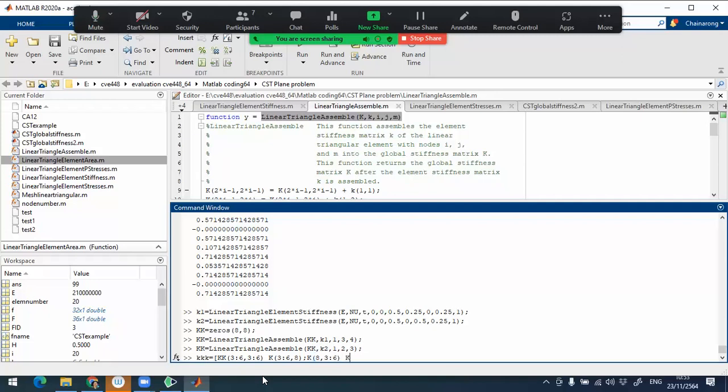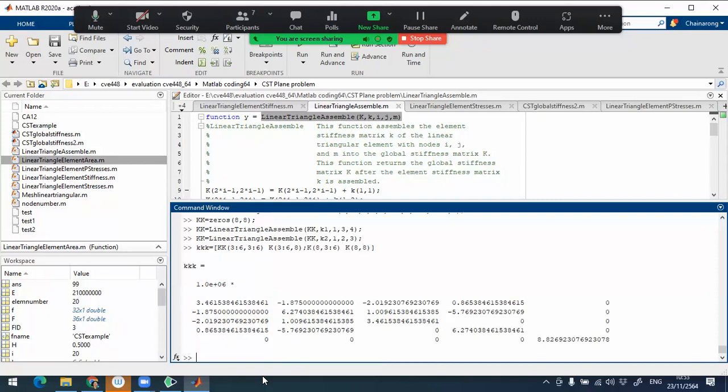Okay, and then the last one is the force statement.